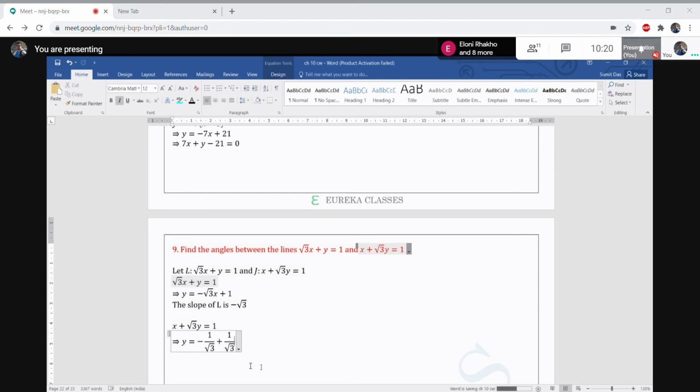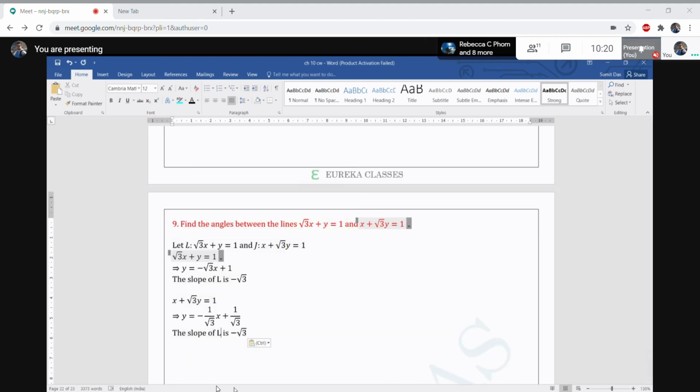Here I just did a quick simplification. For this one you can do by yourself. Simplify it yourself and you will find the same thing. So the slope of j, j means this line, will be minus 1 by root 3.